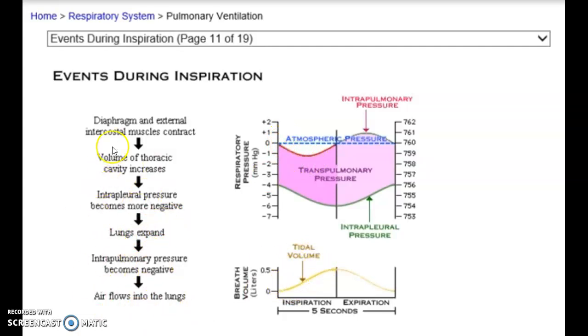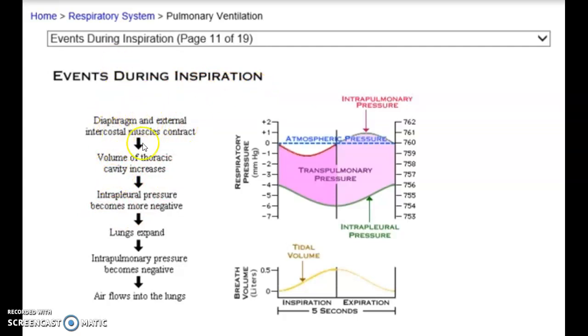So notice again, there's a sequence of events. This causes this, which causes this, which causes that. We're working from outside to inside of the lungs. Okay? Now, just like we have these events occurring in inspiration, we're going to have almost the opposite events occurring in expiration.